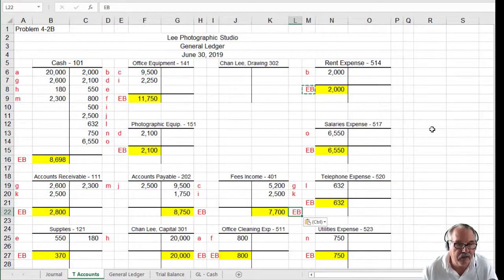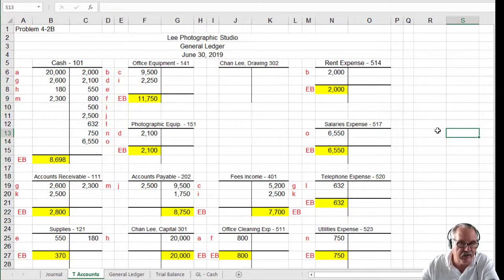So when I post these transactions to the T accounts, here is what the T accounts will look like after I've posted them and I've calculated the balance in each account. I've highlighted them in yellow so you can see the balances. And even though this problem didn't ask for it, I'm going to make sure that my debits equal credits, so I prepared a trial balance.